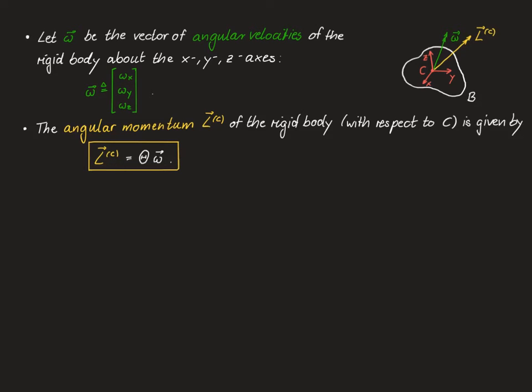Only in very special cases, and you can think about which special cases I'm talking about, will the angular momentum vector be aligned with the angular velocity vector.